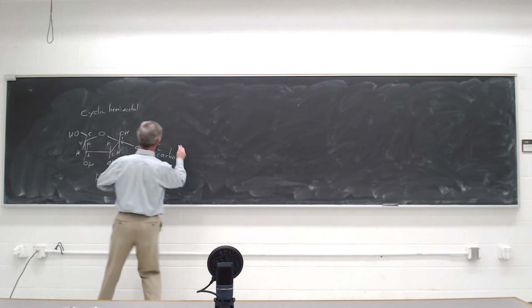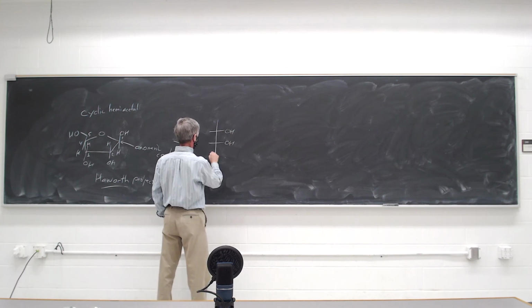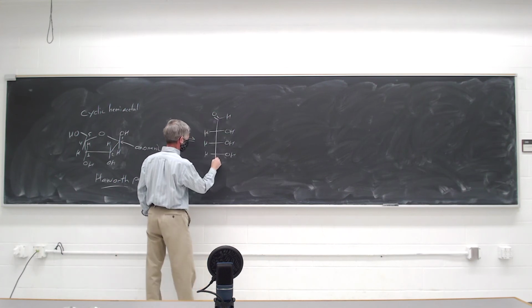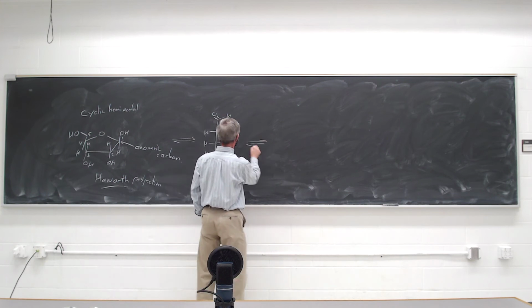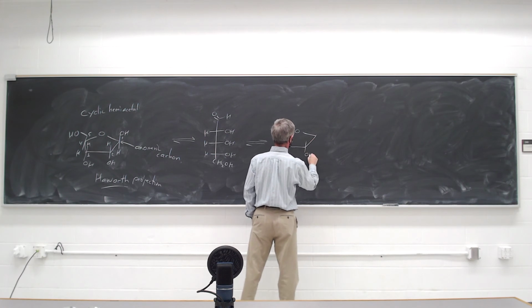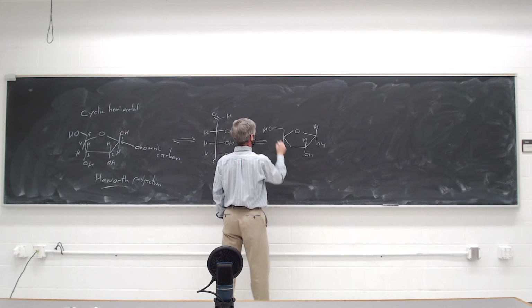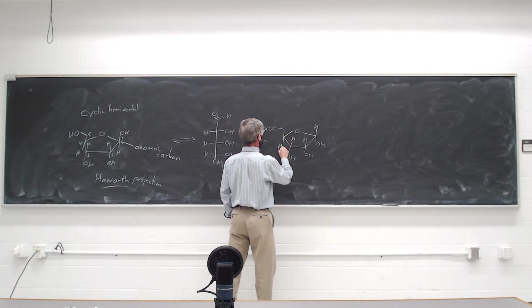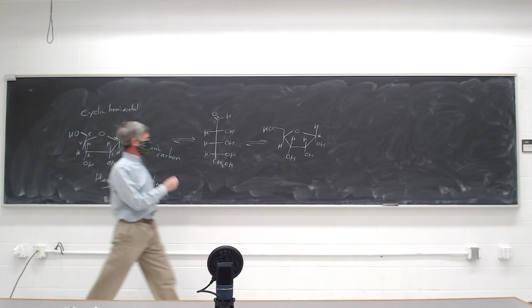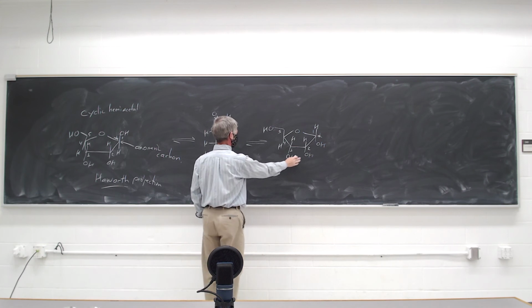So we've actually got an equilibrium going on between the free aldehyde and the two possible isomers, one where the OH is down, the other one where the OH is up. That new chiral center is referred to as the anomeric carbon. And these are referred to as anomers.